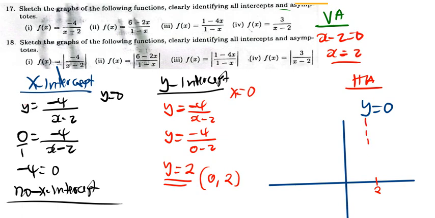You put a dotted line. You are going to ask me why the graph is bending. It's bending because I'm just sketching, so it's not accurate. Anyway, then the horizontal asymptote is y equal to 0. It's going to cut at this point here, this line.